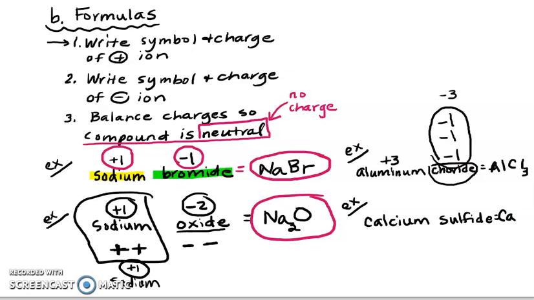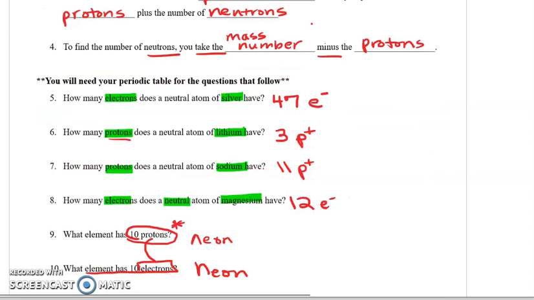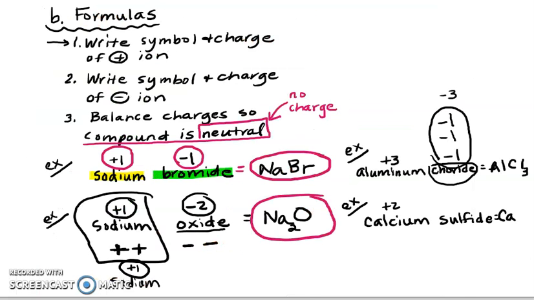So I write Ca and then plus 2 over here. Now I look for sulfide. Sulfide is S negative 2. And now I look at those charges. Do those equal 0? They do. Positive 2 and negative 2 together equals 0. So this is the formula for calcium sulfide.